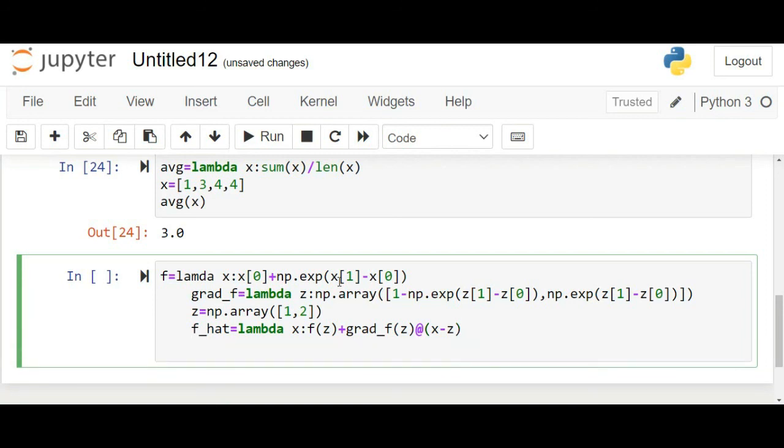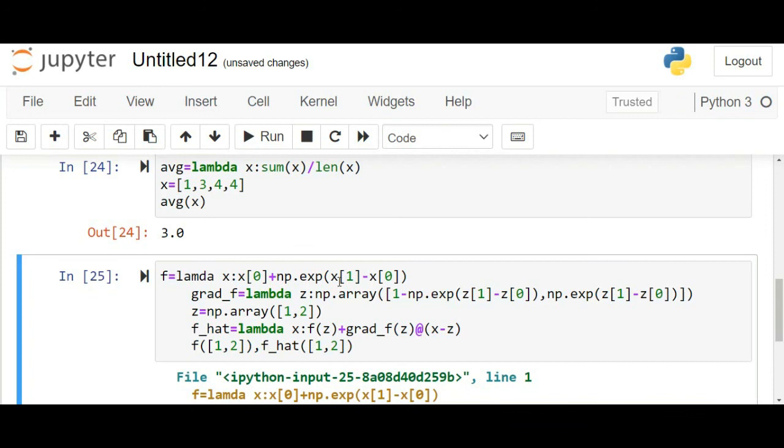Then f of, inside the parentheses square brackets 1 comma 2, and after the parentheses we write f_hat. This is a little lengthy code and it will run if there is no error. So 1 comma 2, and if you press Control and Enter.